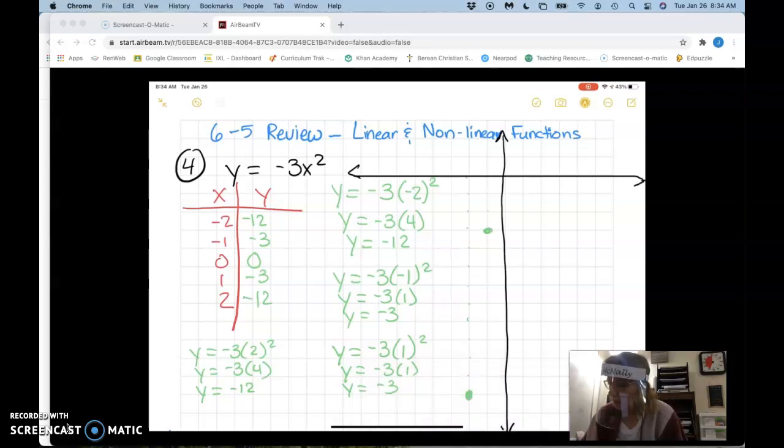That's right there. 0, 0 is my vertex, which is nice and easy. Then positive 1, negative 3. Now that I found my vertex, my other points are just going to mirror the points that I already had. So, wait, 1, 2. I put it in the wrong place. Okay, and then just connect your dots.